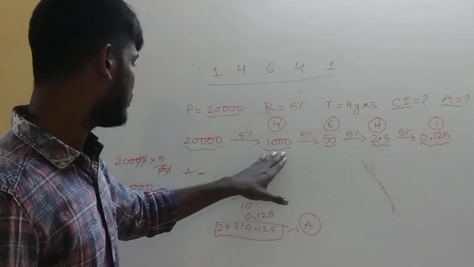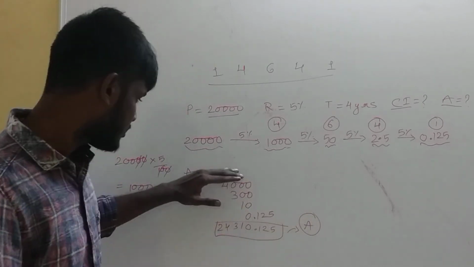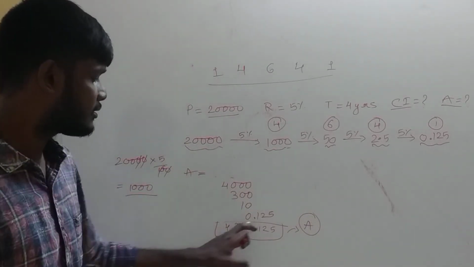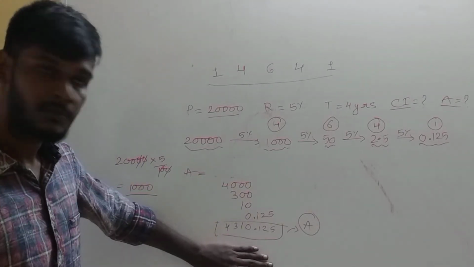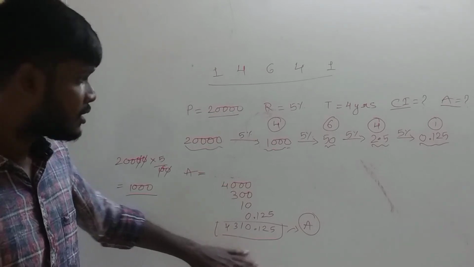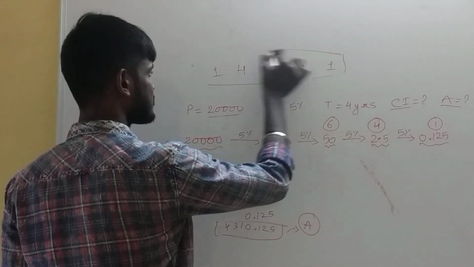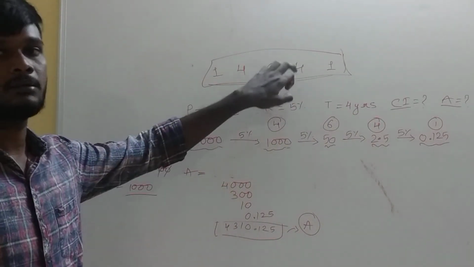Then 4,000, 300, 10 and 0.125, you just add it up and you will get the answer as 4,310.125 rupees. I hope it's clear. So this is the entire concept derived from the Pascal's triangle method.